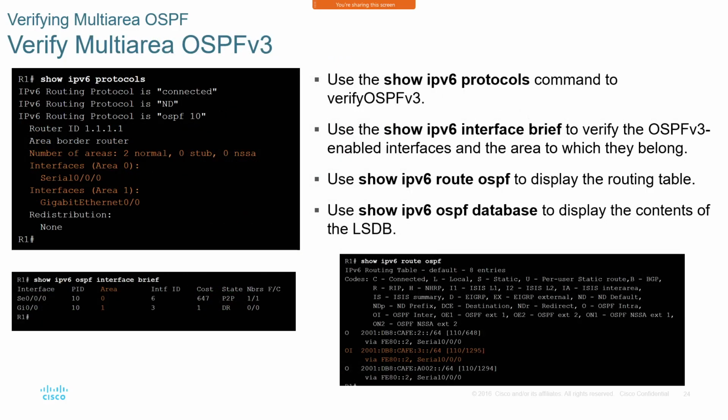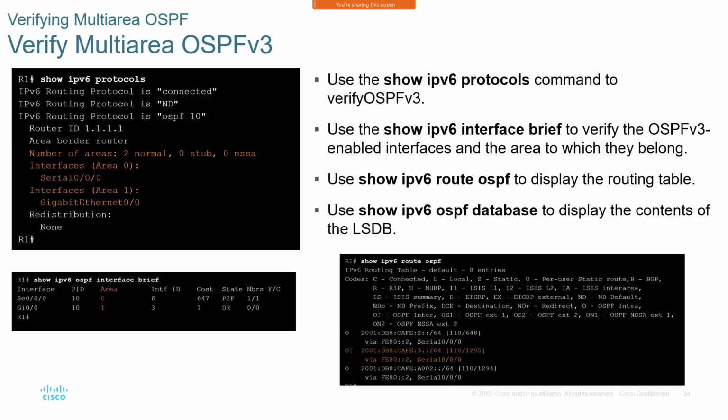How do we verify multi-area OSPF version 3? Very similar to the way that we do OSPF version 2. We have to replace every time that we set IP for IPv6, and pretty much all the commands will work as expected. For example, the show IP protocols will become show IPv6 protocols. The information displayed is similar.